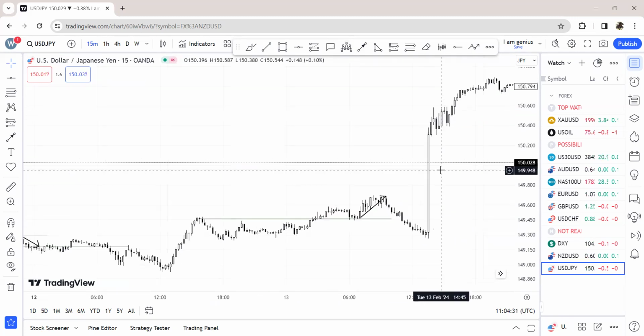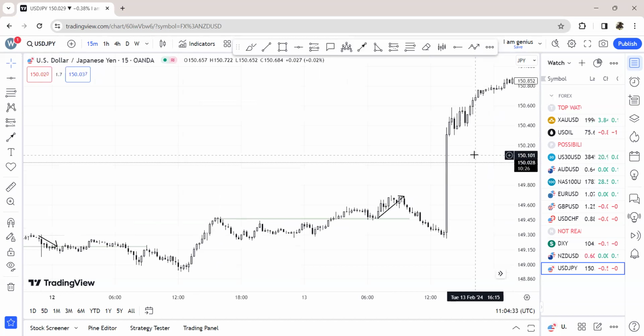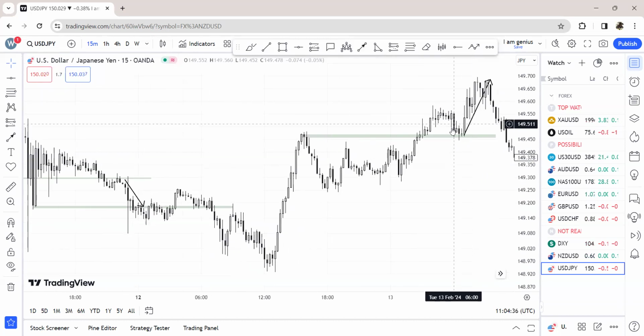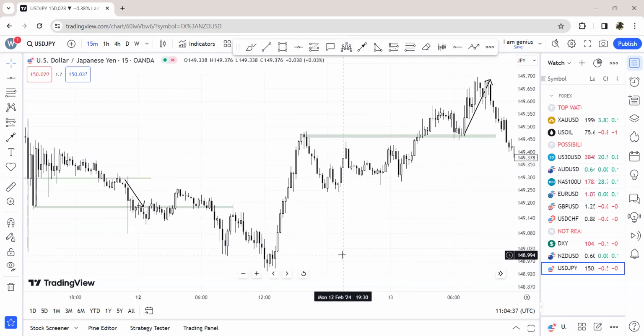I go back to this other one, you can see it's now easier to spot the higher highs where you draw your lines for uptrends and the lower lows where you draw your support levels for a downtrend and resistance levels for an uptrend.